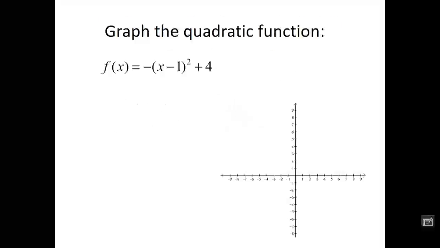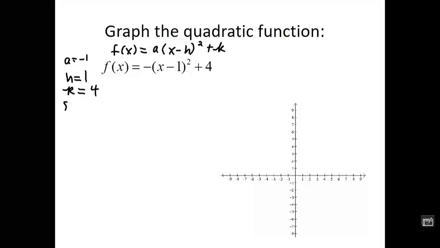Next example, we want to actually graph a quadratic function, and the function is expressed in standard form. Remember the standard form, f of x equals a times x minus h squared plus k. So in our example, a is negative 1, h is 1, and k is 4.